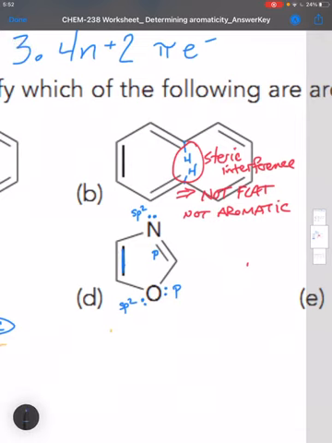Well, we've got 2 pi electrons there, 2 more pi electrons there in the second double bond, and 2 more pi electrons here, so 6 pi electrons. Yes, that is one of our Huckel numbers, and so we say 6 pi electrons, flat, ring-shaped. Yes, it's aromatic.